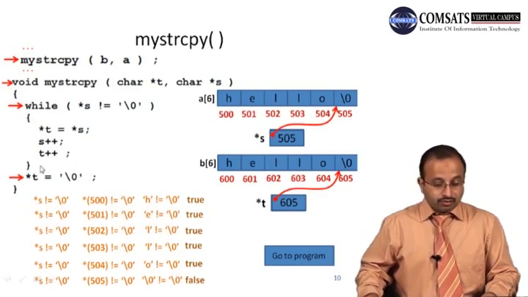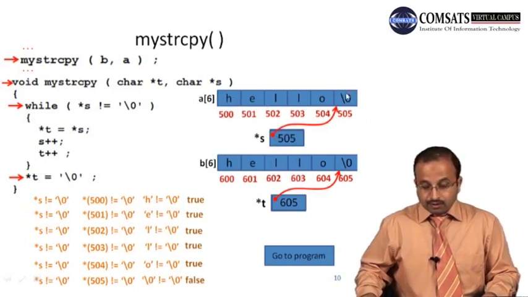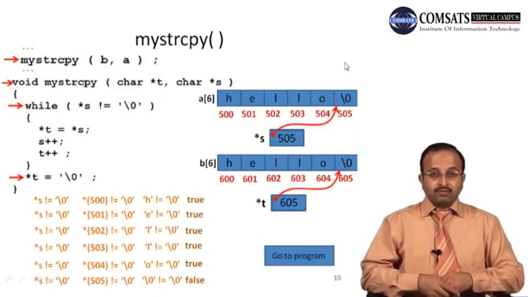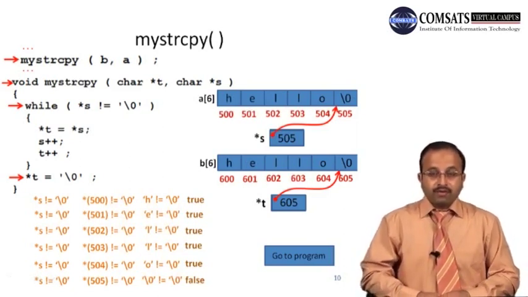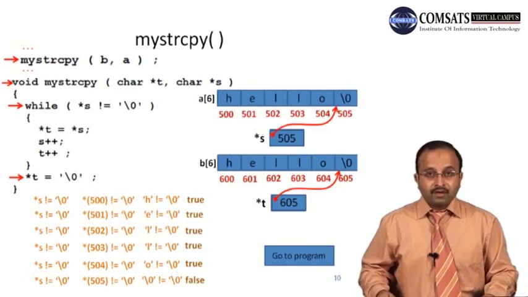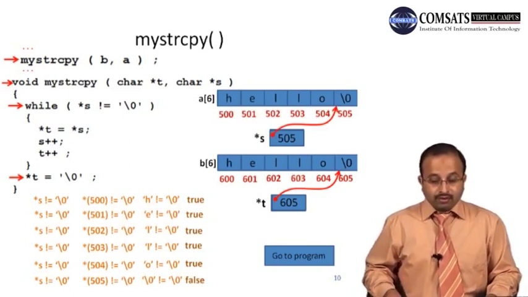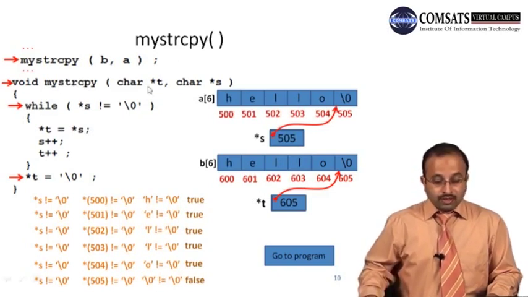For example, as I told you, if you write *s = 'm', it will write m at the *s position, whichever position the pointer is pointing to in the string. That means you have modified the content of the actual string a, and that is what you won't want when you call the string copy function, because this should be read only.